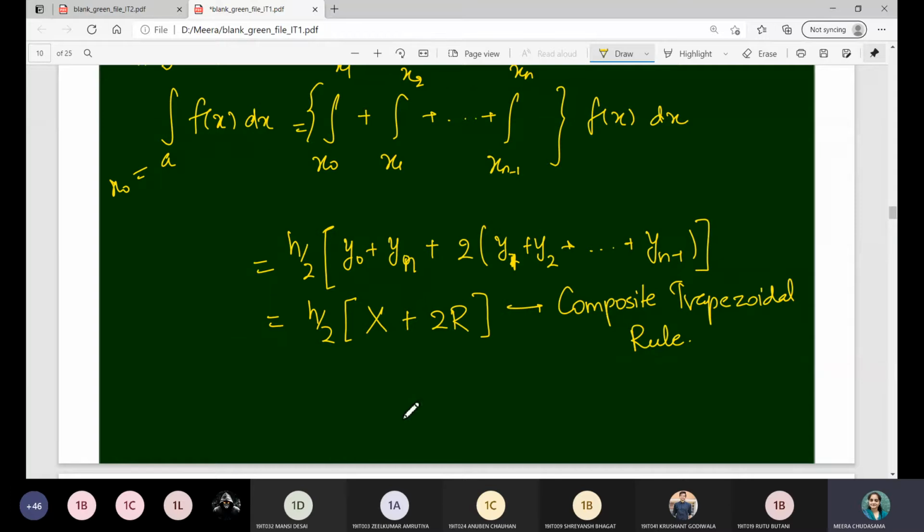So next, all of you have a clear-cut idea about this trapezoidal rule? Yes or no? Please raise your hand if you agree with this. Fine.